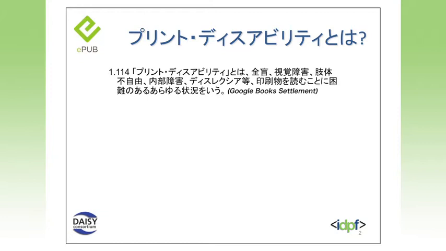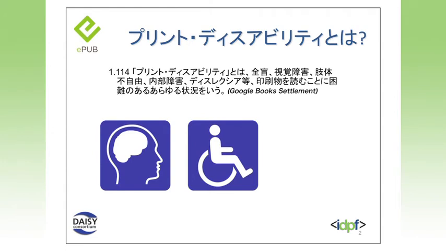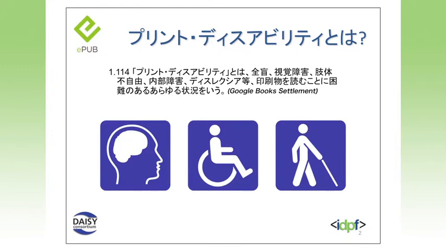When we talk about print disabilities, there are three major categories of disabilities. The first one is cognitive and information processing disorders, where dyslexia is the most common one. The second is people with physical or neurological disorders, which means that for some reason they cannot read normal print media. And third, we have people with sight loss, ranging from reduction of sight to total blindness.